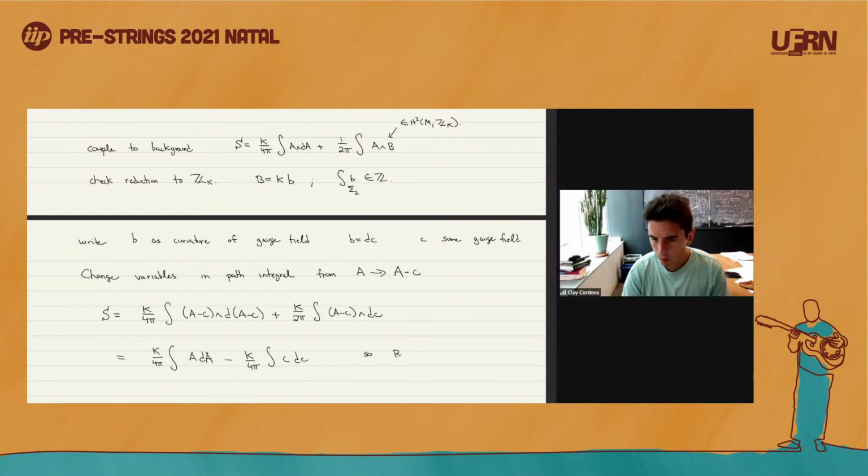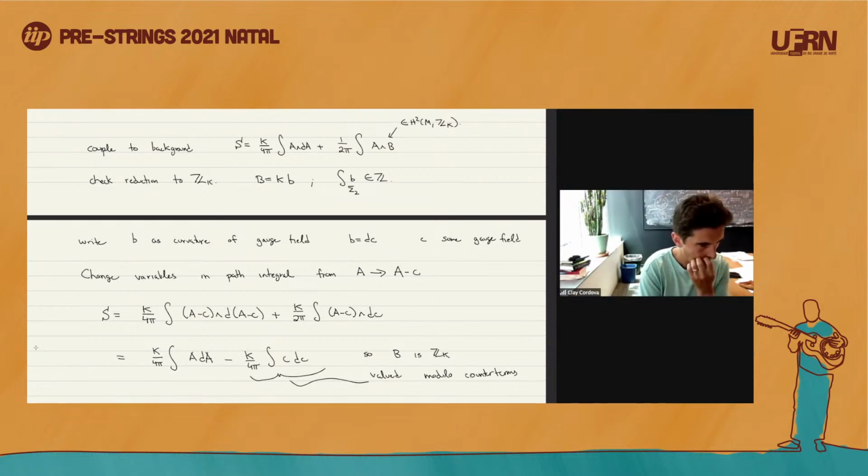So B is Z_k valued, modulo counterterms. That's this one here. This is the counterterm. Okay, so I encourage you to think about this step, and maybe we can discuss it more in the discussion section about why these kinds of steps are legal.